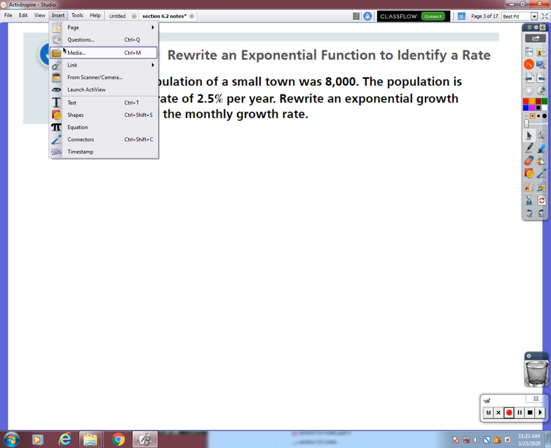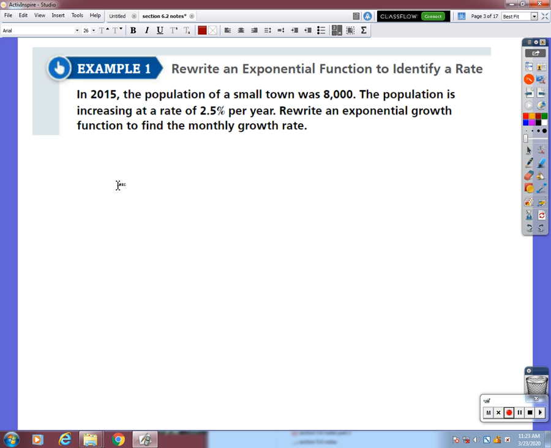In this case, we are doing a population of a town. The population of the town started at 8,000, so I'm going to go 8,000 times 1. It says the population is increasing, so that means I'm going to go plus 2.5%. As a decimal, I have to move the decimal 2 places to the left, so that's 0.025.